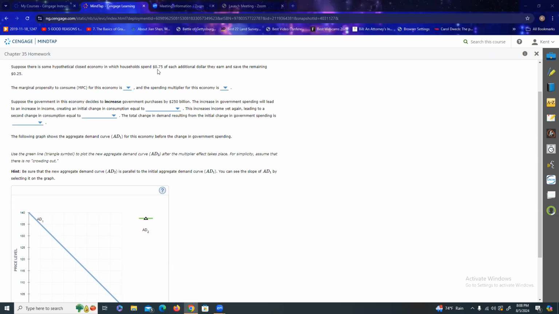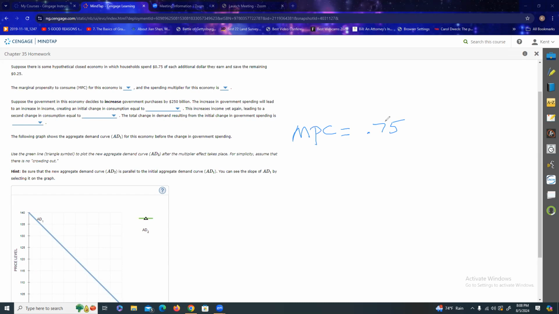So, in other words, their marginal propensity to consume is 0.75, meaning they spend 75% out of each dollar.